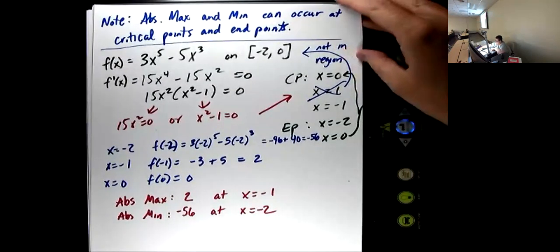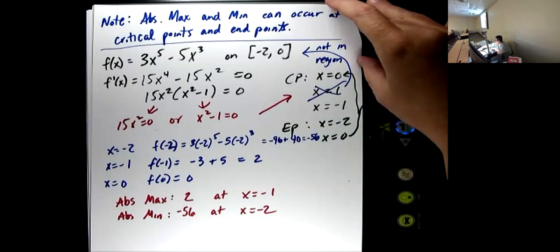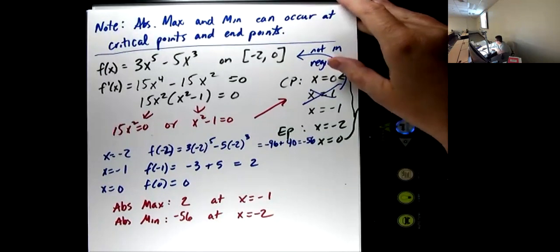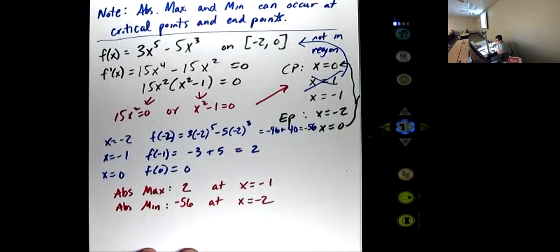All right, so one last idea here, and then I'll give you the guidelines for 4.5. For the solution, do you have to add the x value, or can you just put the absolute maximum? Depends on what they're asking. Usually the absolute max and min are the 2 and the -56. Often, in the real world, you want to know where they occur.